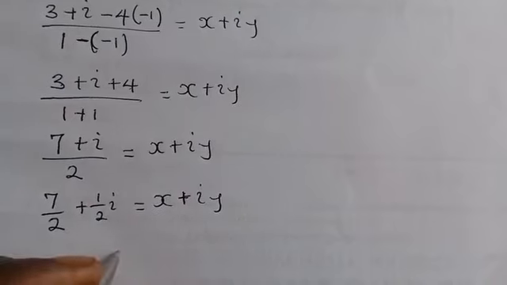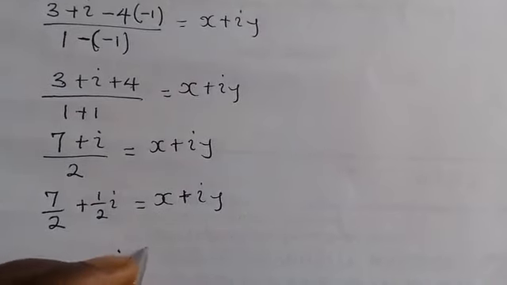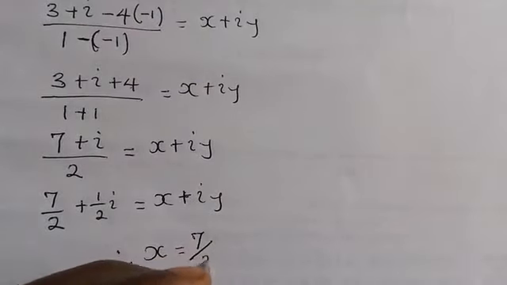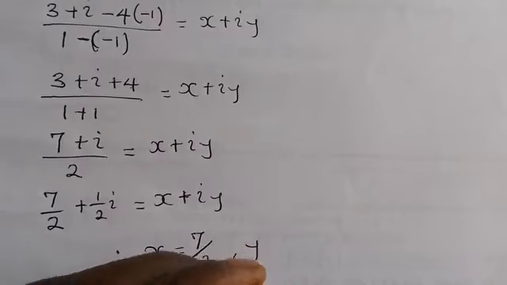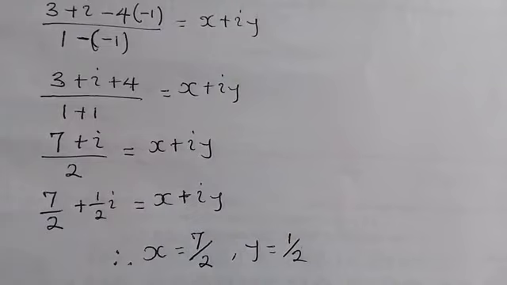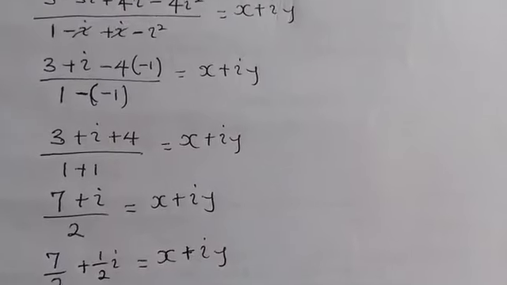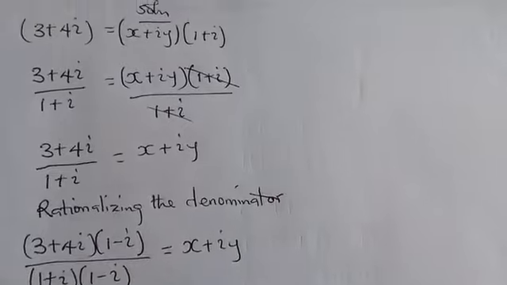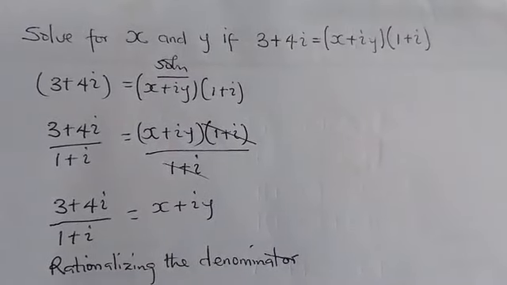Therefore, x is equal to 7 over 2 and y is equal to 1 over 2. That's the value of x and y respectively as demanded in this question.